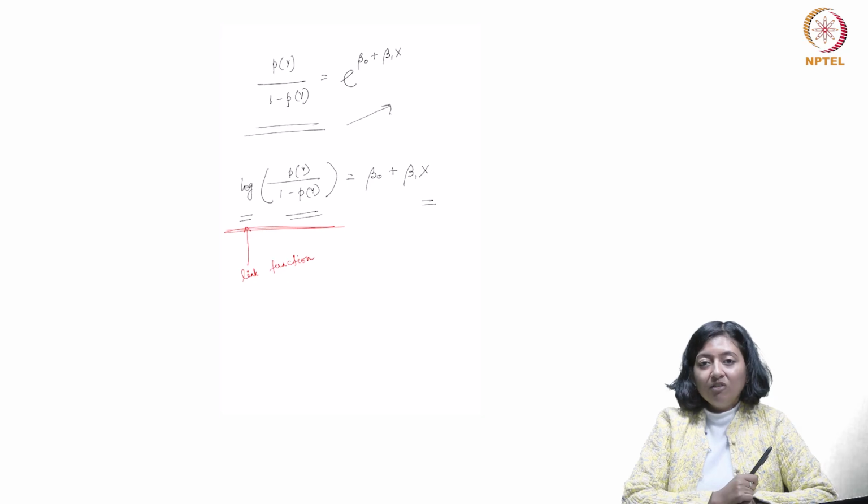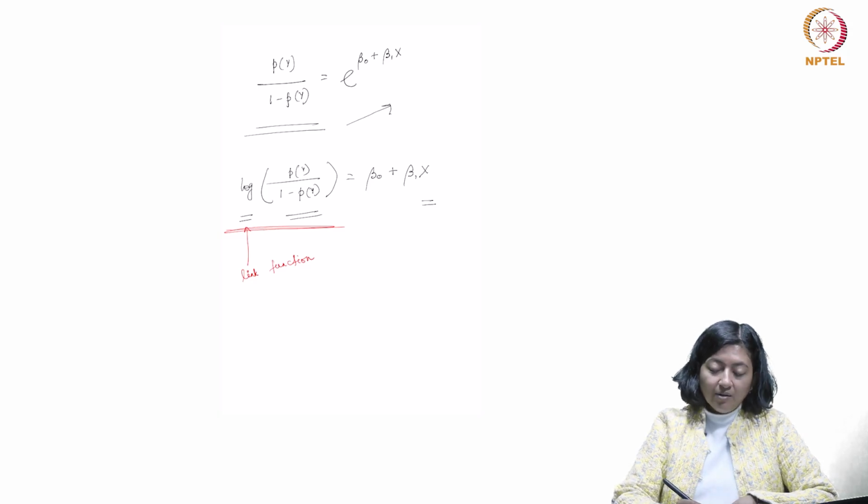Now, if you recall, in a regression model, beta 1 used to correspond to the amount of change in y for 1 unit change in x. But now, beta 1 tells us about the amount of change in the log of odds of y for 1 unit change in x.